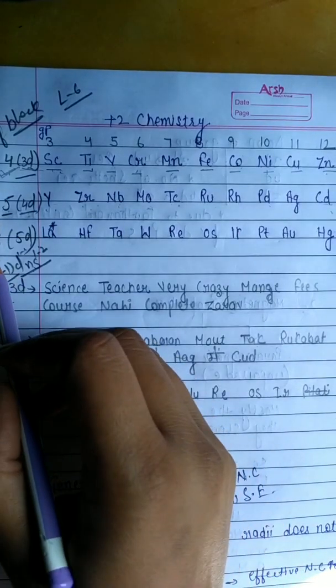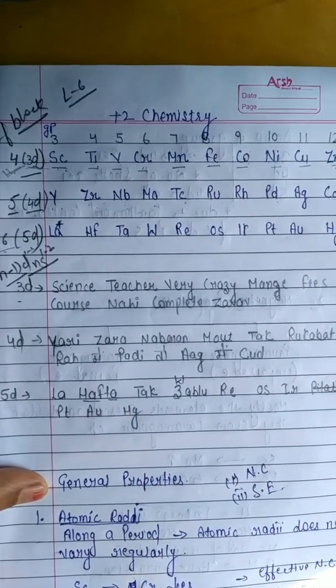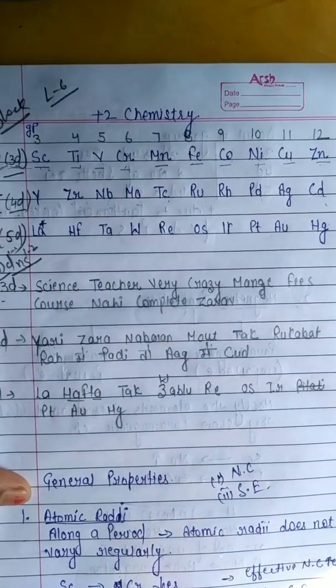Next, we have to remember the 5d transition elements present in the sixth period. How can we remember?